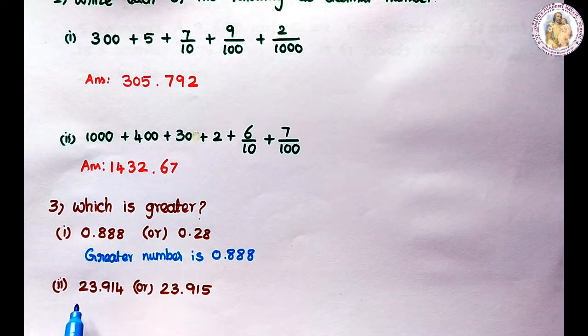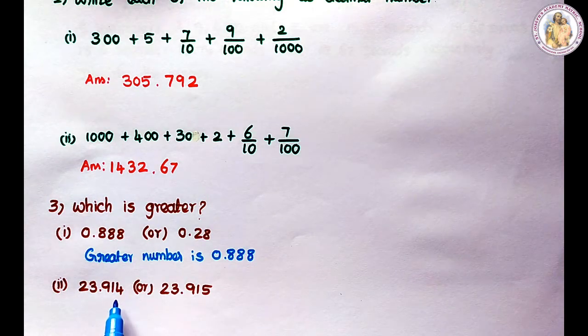Next one, 23.914 and 23.915. Listen, the whole numbers, both are same, 23. Now decimal part, first 10th place 9, 9, same. So next 100th place 1, 1.